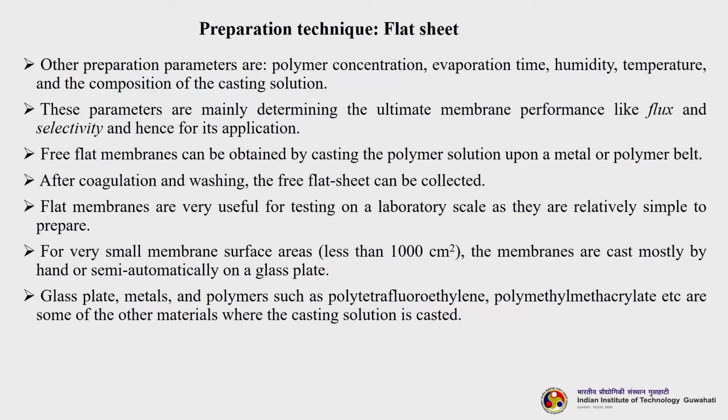For very small membrane surface areas, less than 1000 centimeter square, the membranes are cast mostly by hand or semi automatically on a glass plate. Glass plates, metals and polymers such as polytetrafluoroethylene and polymethyl methacrylate (PMMA) are some of the other materials on which the casting solution is cast.